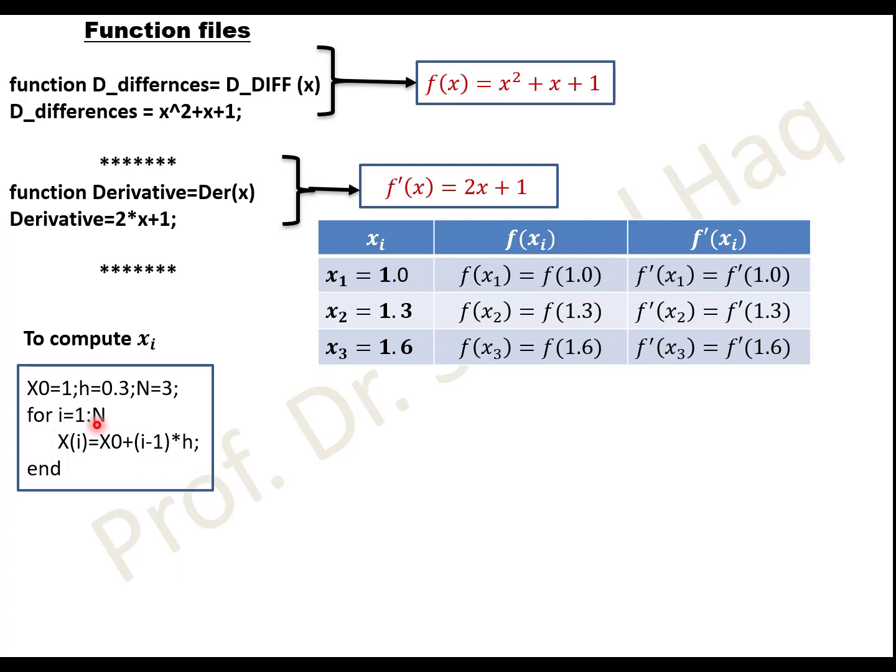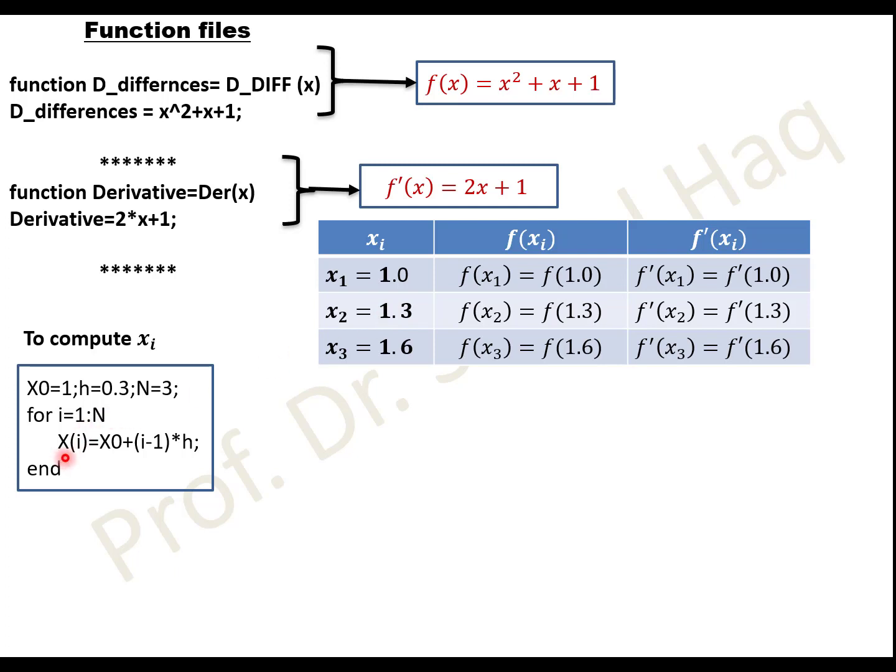MATLAB will take i is equal to 1. X1 is equal to x naught is 1. If you remember, I told you that if this index is 0 or negative, MATLAB will not accept that. That's the reason I started this from 1. I is equal to 2, x2 is equal to x naught plus h, which is 1.3. This is the value you are getting.